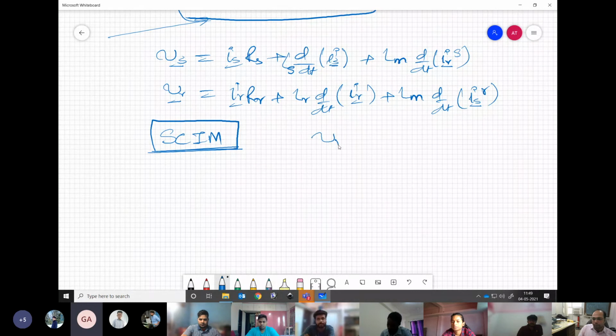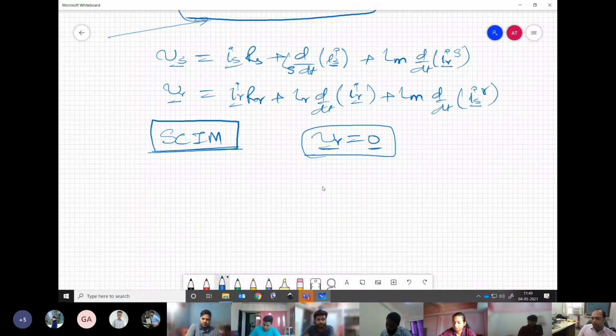The first thing we know is that VR is actually 0. When we say VR vector, we will represent it with the 0 vector. So our VR vector is 0. There is no voltage on the rotor side. That is the first thing. And the second thing is that IR cannot be measured.